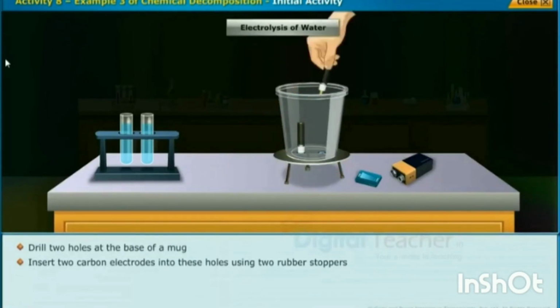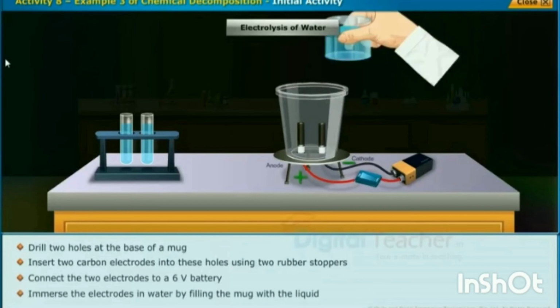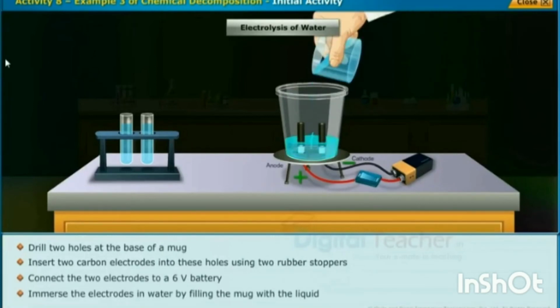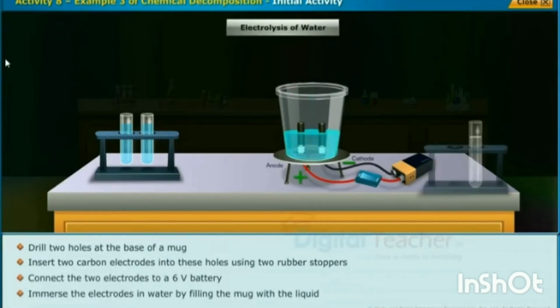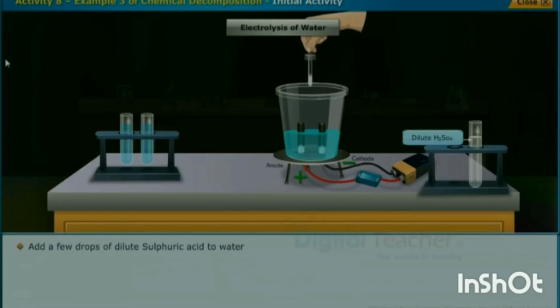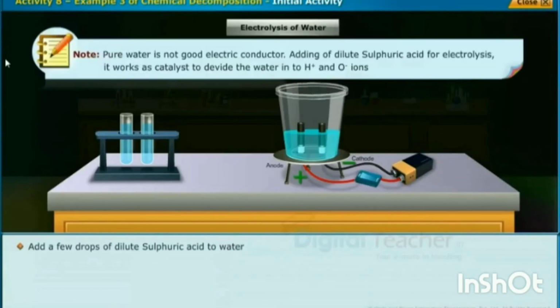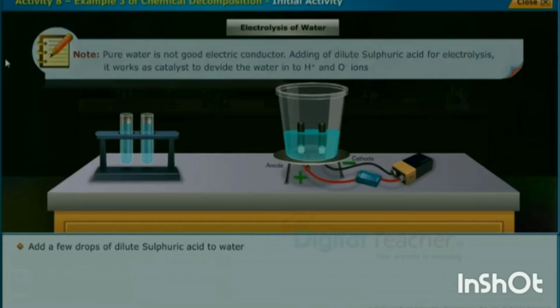Then connect the two electrodes to a battery. Immerse the electrodes in water by filling the mug with liquid. Then we add a few drops of dilute sulfuric acid. Here dilute sulfuric acid is necessary as water is not a very good conductor of electricity. Hence ions are produced through this dilute sulfuric acid.